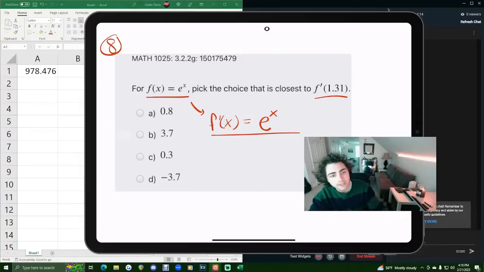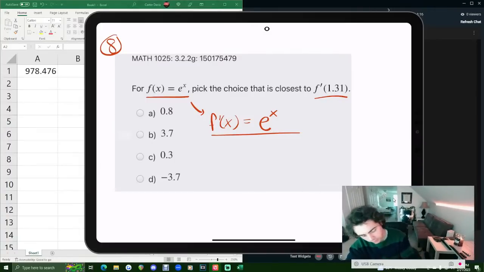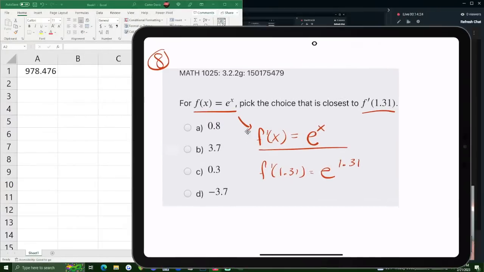So to find f prime at 1.31 just means to plug in 1.31 in the exponent. And so we will just calculate this real quick. To do e, we do exp in Excel, and then 1.31. Close that off, and we get about 3.7. And that's option B. And we keep it rolling.